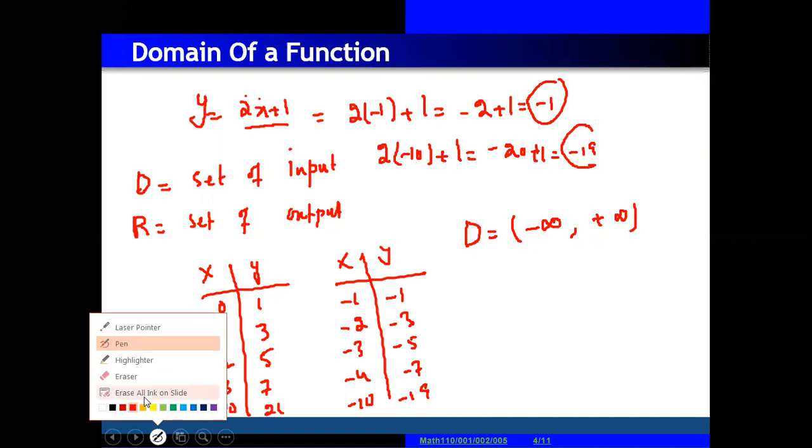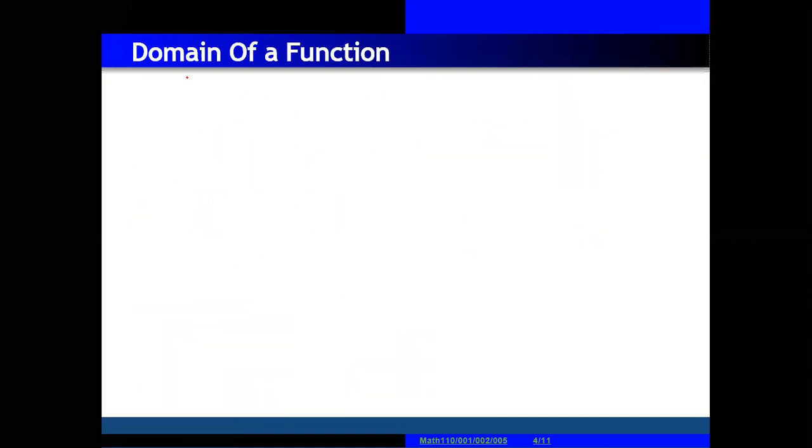If we have this function, for example, y is equal to x square. This type of function is called a polynomial, when there is no denominator. We have x square divided by 1, there is no denominator.